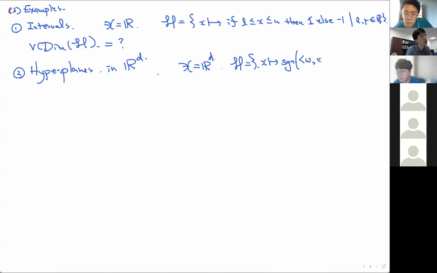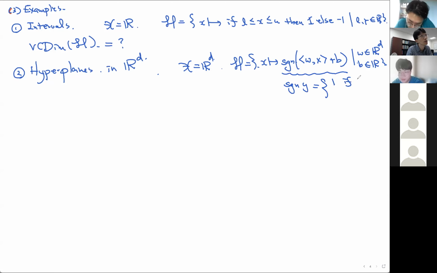I will tell you geometrically what this means. w is a d-dimensional vector, the bias b is just a real number, and sign of y is 1 if y is positive, minus 1 if y is not positive.